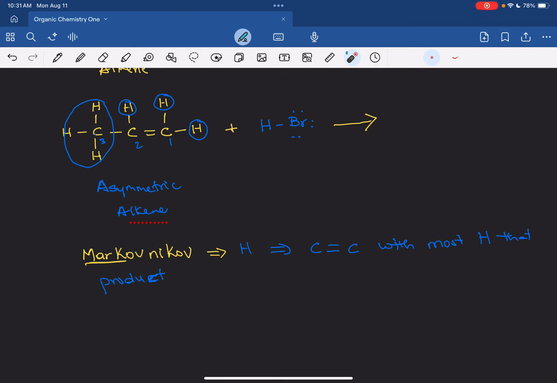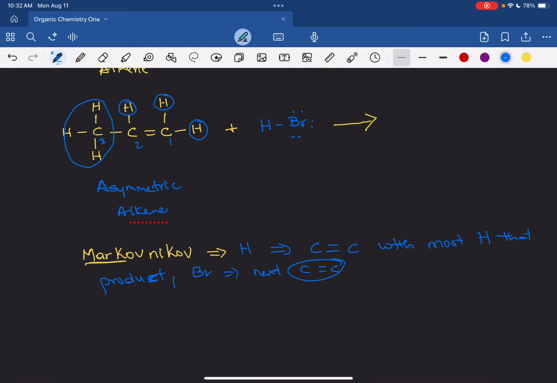Markovnikov's rule can be read two ways. I honestly prefer remembering this way because it's easier: the hydrogen will add to the carbon of the carbon-carbon double bond with the most hydrogens, and then clearly, whatever halogen you have will add to the next carbon of the carbon-carbon double bond, because all the action is at the carbon-carbon double bond.